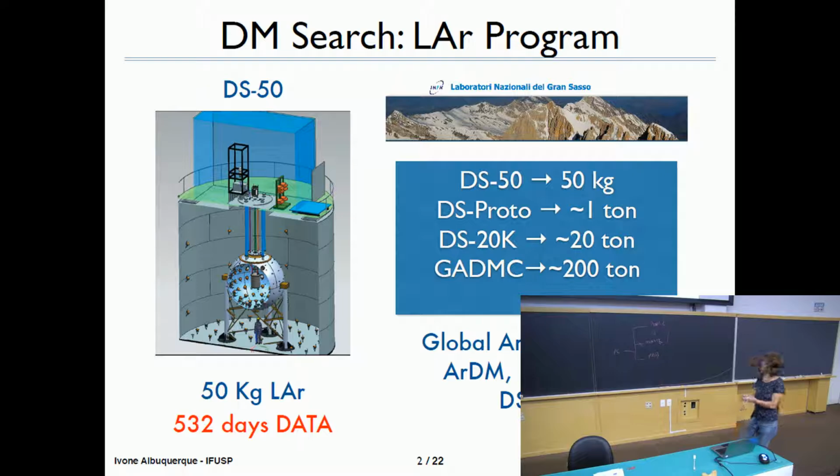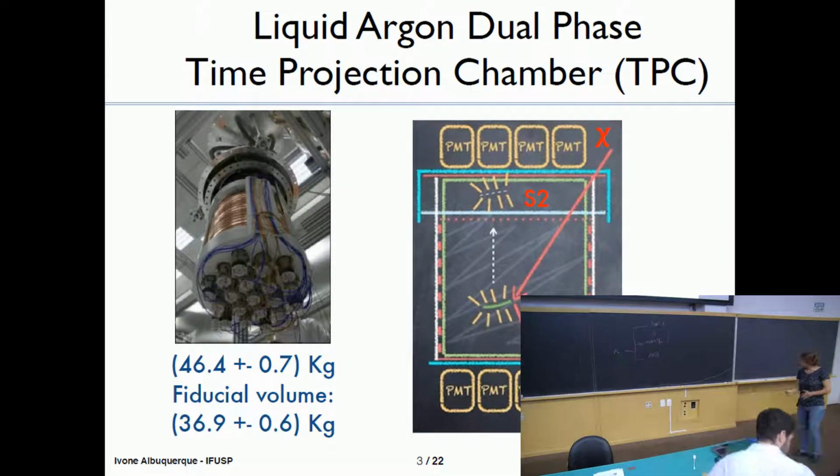So the idea here is we have a double phase time projection chamber, and this is a picture of our detector. The fiducial volume is 36 kilos. The target is liquid argon, but we have on the top a small pocket of gas phase argon.